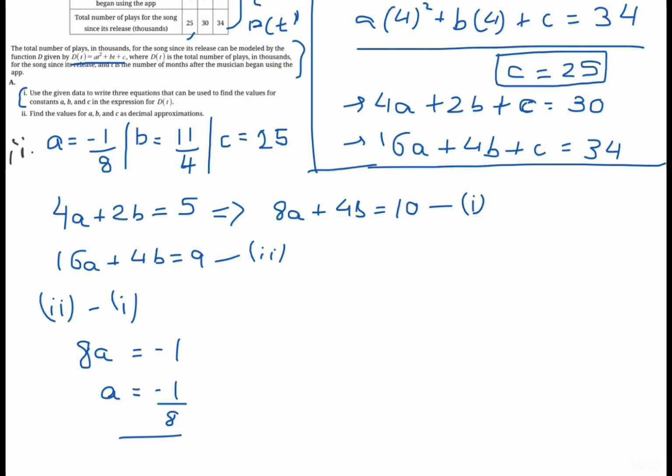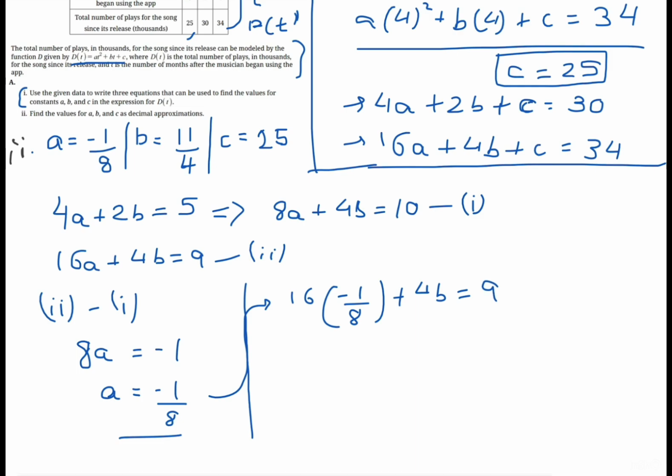Now pick an equation. I'll pick equation 2 again, and I'll substitute a is equal to negative 1 over 8. So we have 16 times negative 1 over 8 plus 4b, which is equal to 9.